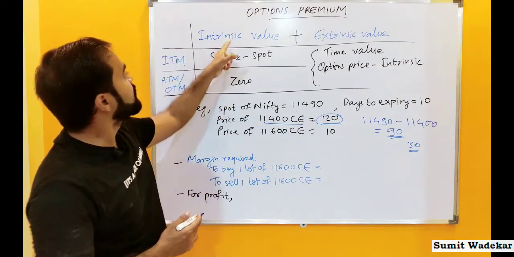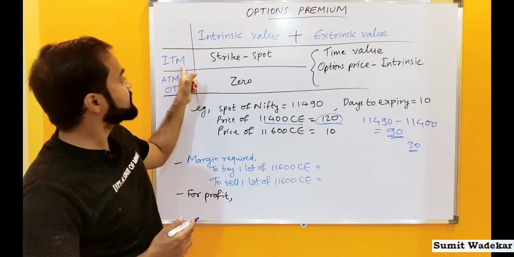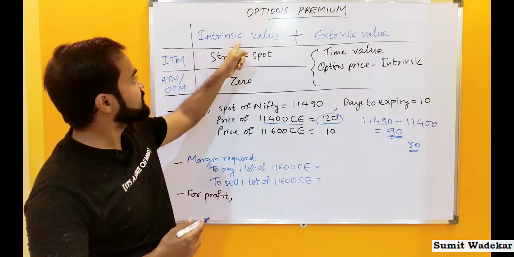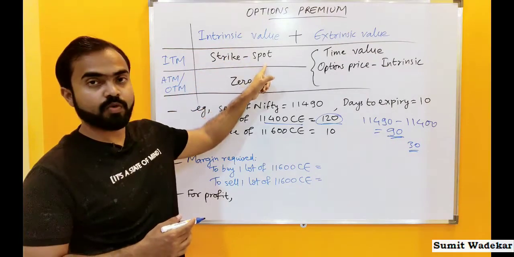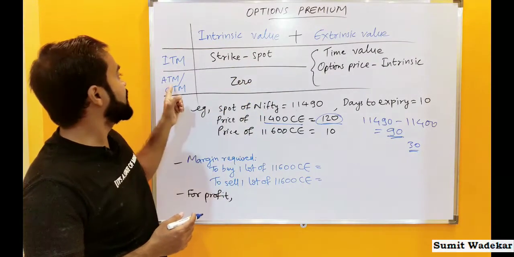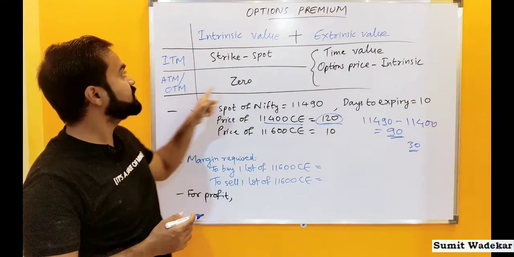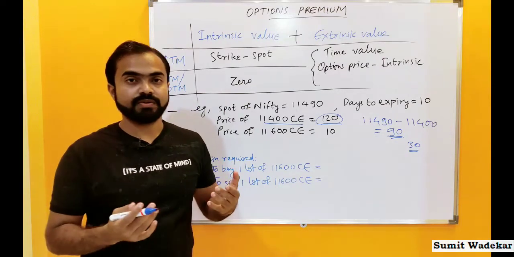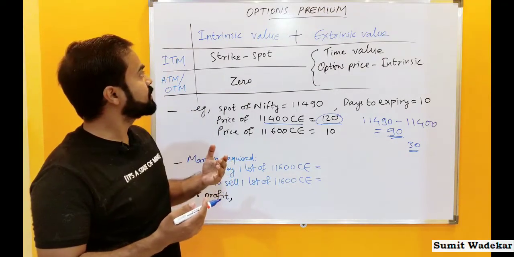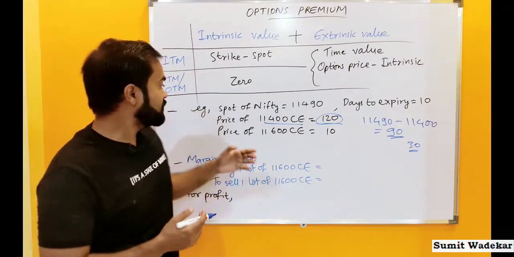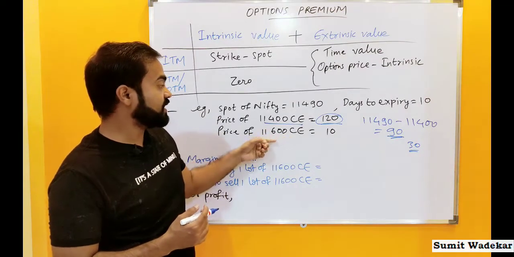So for in the money strikes, intrinsic value is equal to the difference between spot and strike price. And for at the money or out of the money, intrinsic value is 0. Let us take one example, like 11,600.